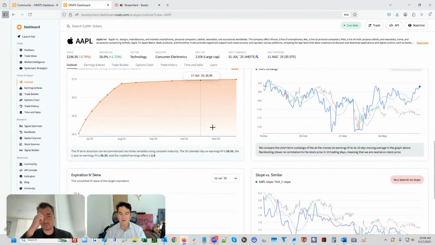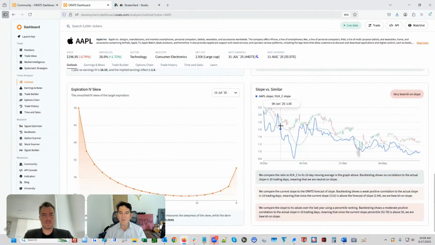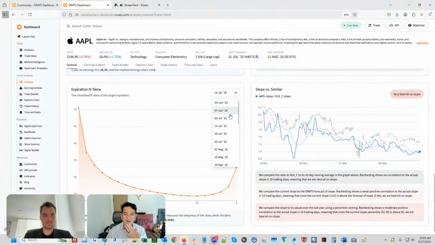Speaking of that, another thing that we do to compare to other symbols is a slope number. So slope is just a kind of tangent at the 50 delta. This is one of the expirations that Apple has.